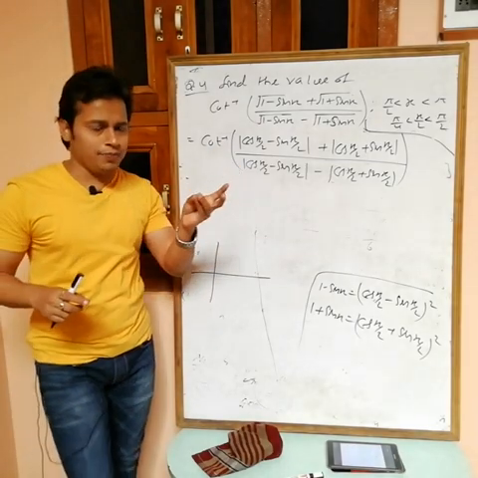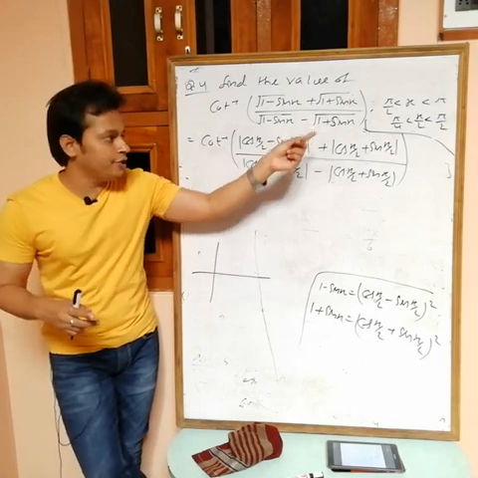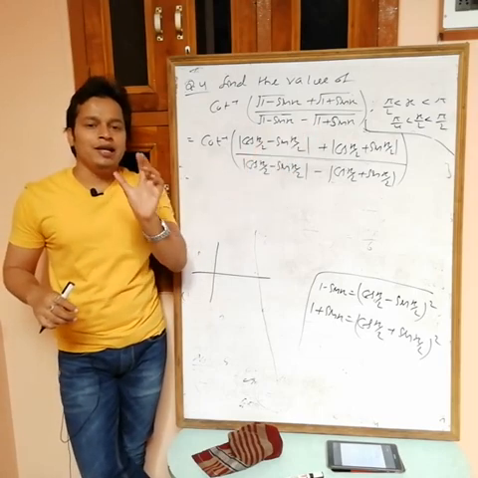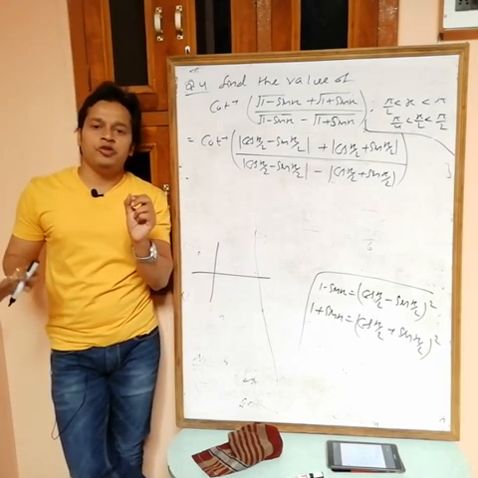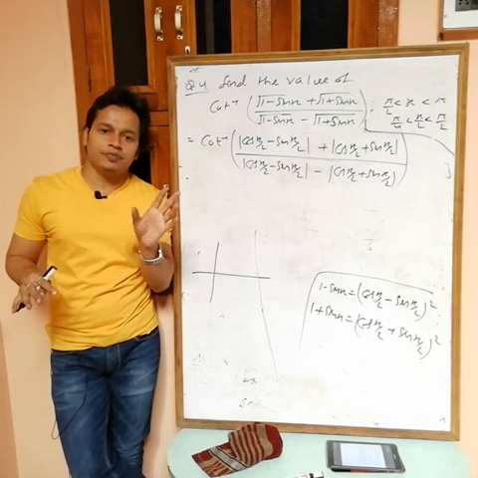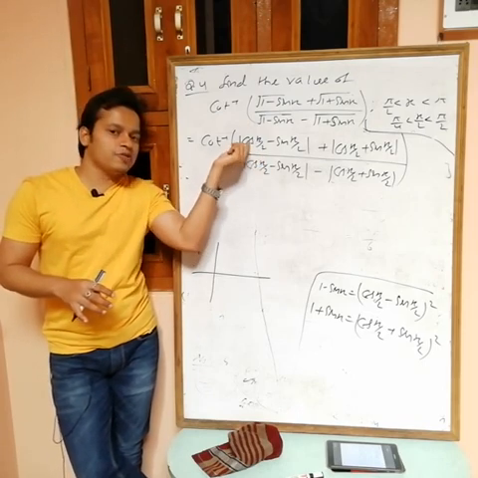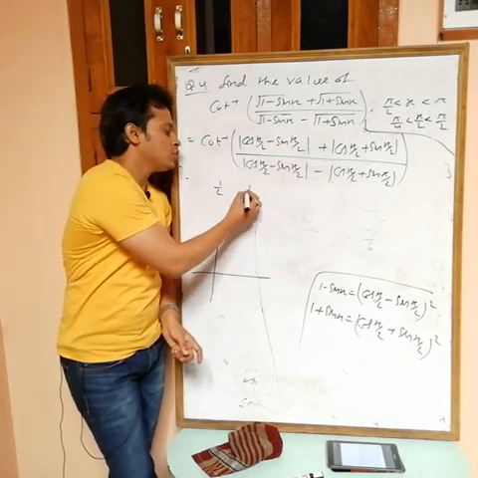If I take an example, x by 2 is between pi by 4 and pi by 2. Choose any angle between pi by 4, that is 45, and pi by 2, that is 90. Suppose 60. Now cos 60 is 1 by 2, and sin 60 is root 3 by 2.